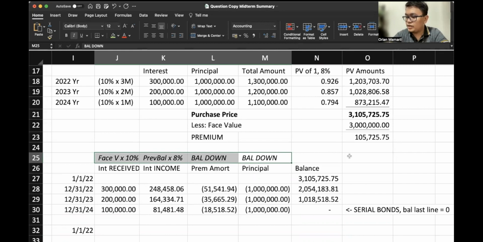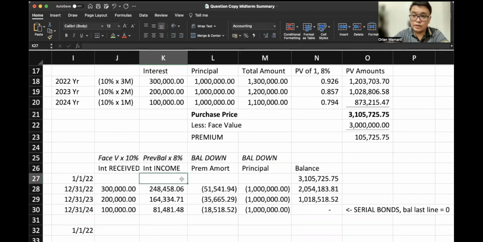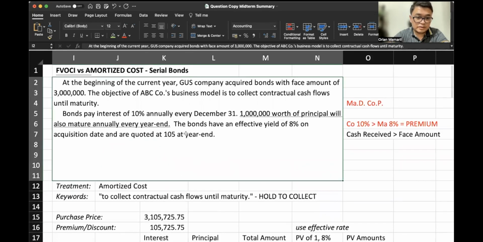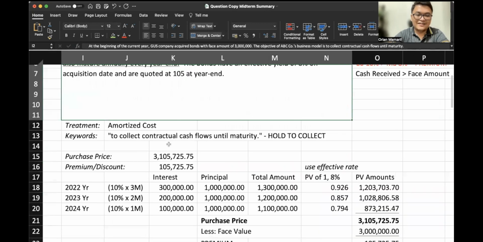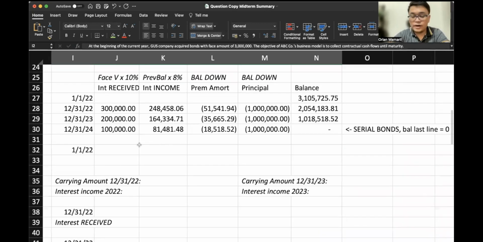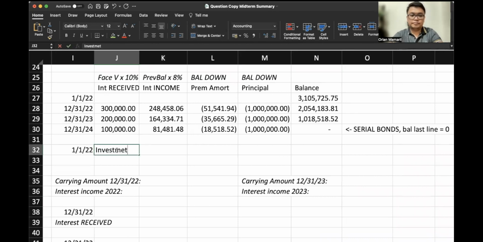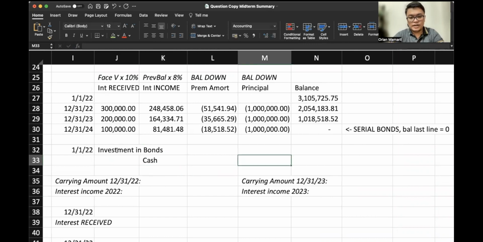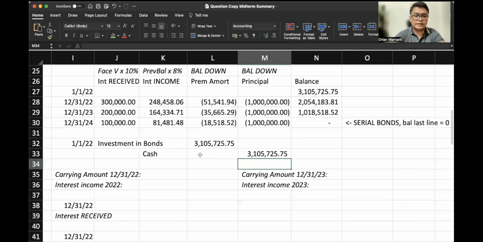And since we are accounting for this as an amortized cost, we don't really mind about the quote, whatever, right? We just know and we are sure that we are accounting for this as an investment in bonds. Cash is entirely based on the amortization table, so this should be fast because we already have the numbers that we need.